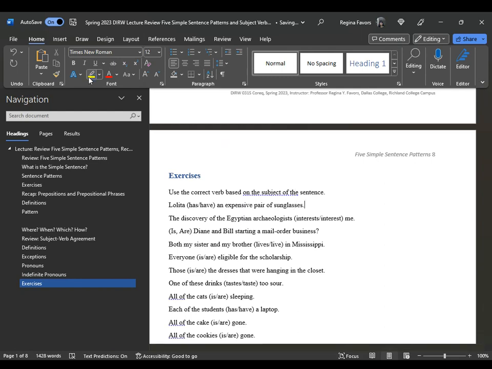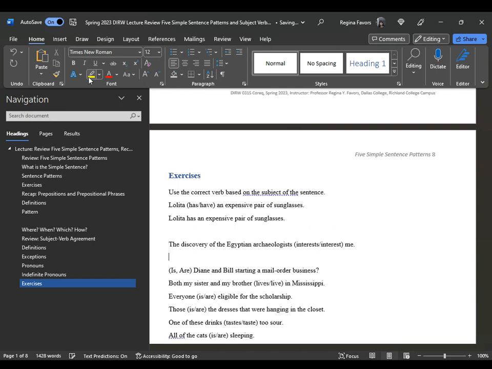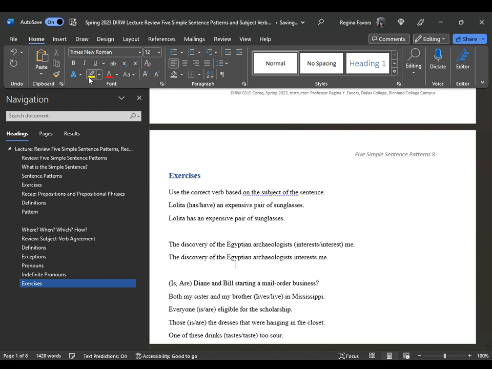So Lolita, let's write it. Lolita, singular, has an expensive pair of sunglasses. And then to remind you of discovery, one type of discovery. The discovery of the Egyptian archaeologists interests me, because it's one type of discovery.